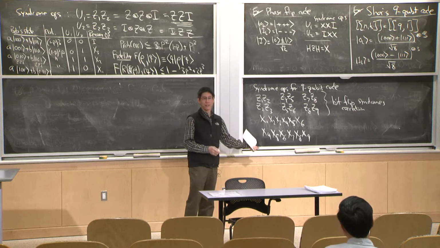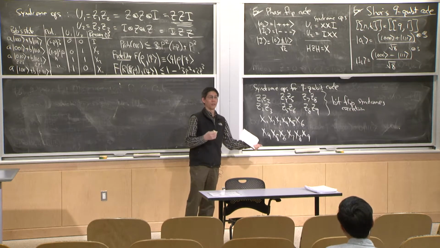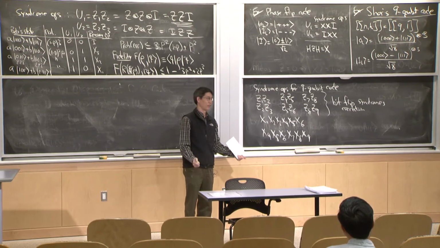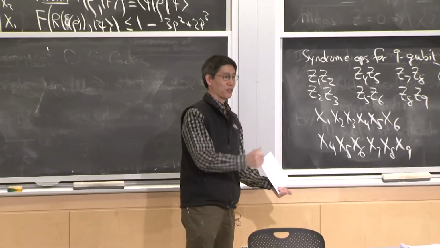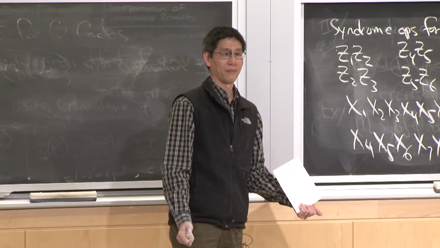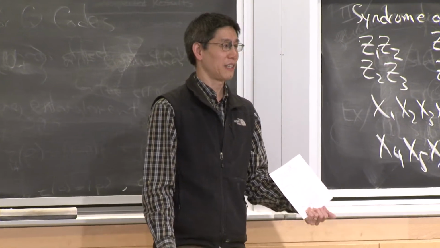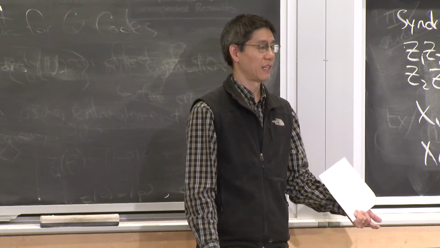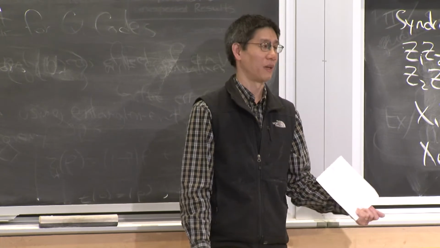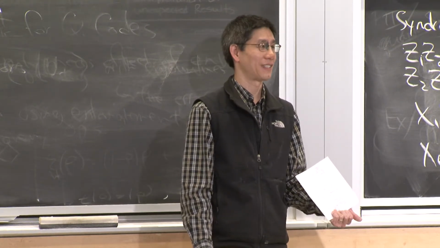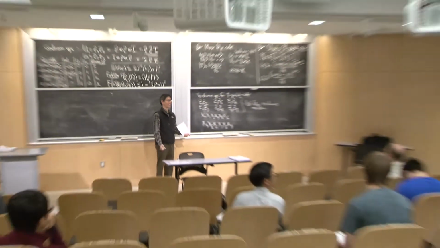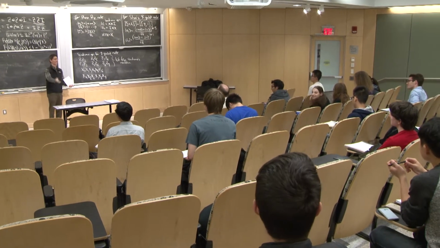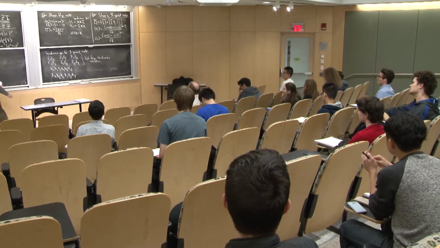OK, and we don't have to work them all out, but at least one of those syndrome bits should be a 1 instead of a 0, showing me that there's an error associated with that syndrome. OK, so somebody give me an error specified by an X, Y, or a Z on a specified qubit 1 through 9. Who's first? You've raised your hand too many times. Anybody else? This is an easy question. Yes, please. X on 5. Yes, X on 5.